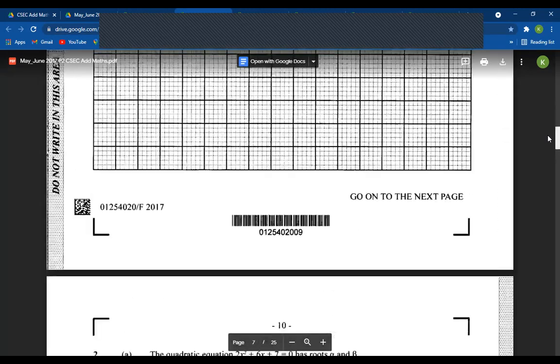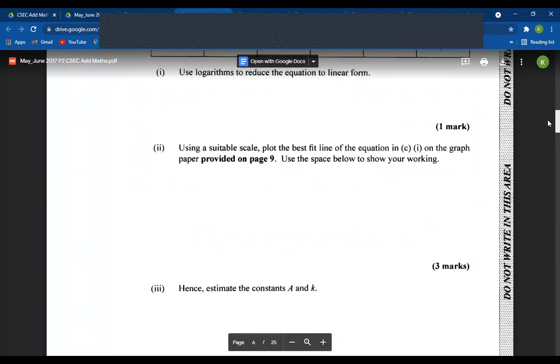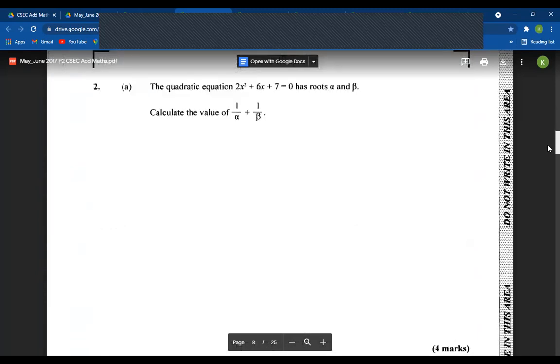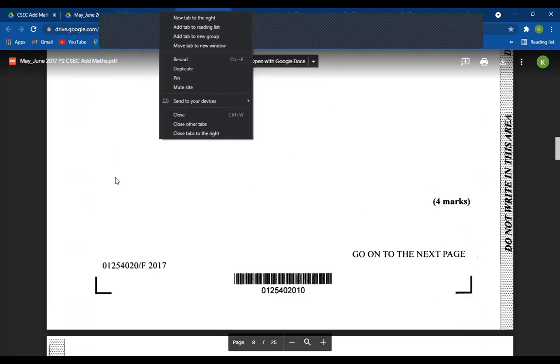Not only do you lose what, 7 marks, that's probably going to mess you up for the rest of the paper. So that's where I come in. If your teacher didn't teach you it, well, I will show it to you. Okay, we're not there yet. That was just my little TED talk.